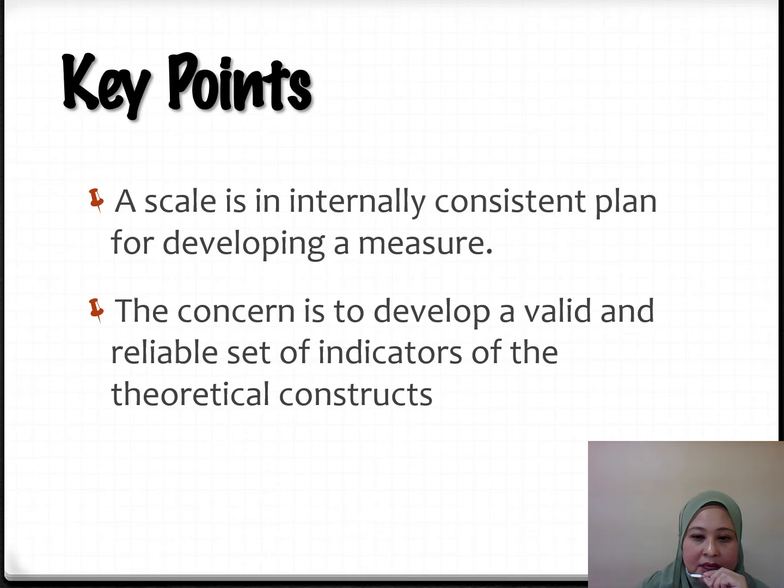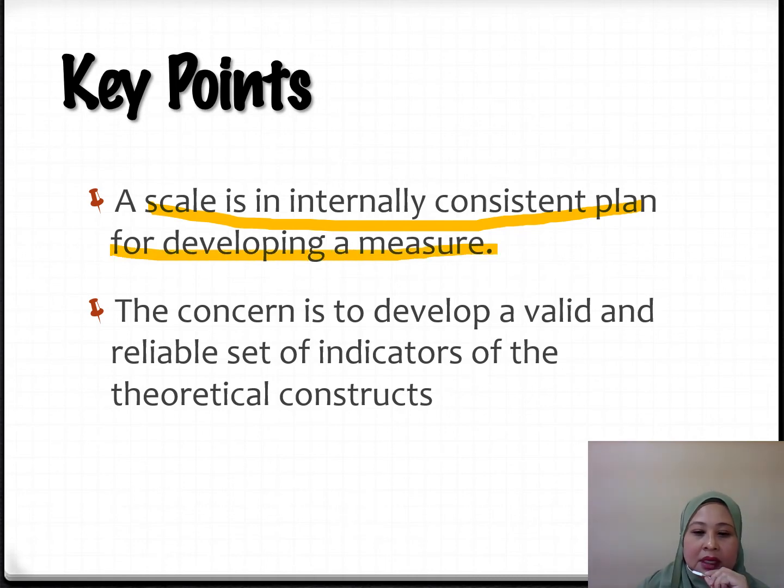The key point here is that a scale must have a consistent plan for delivering measures, and is concerned with a valid and reliable set of indicators based on the theoretical construct.